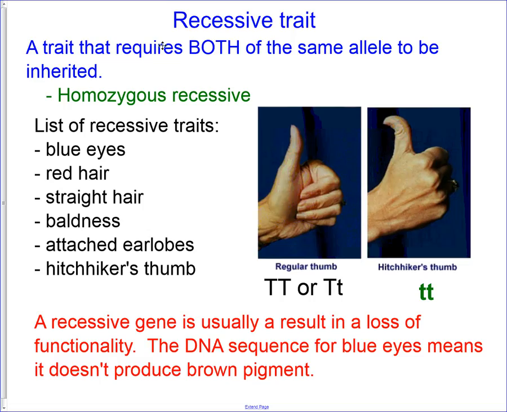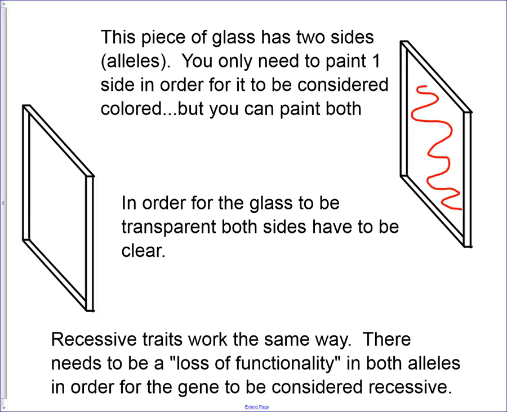And conversely, a recessive trait is one that requires both of the same allele to be inherited. So here's your hitchhiker's thumb again. In order to have a hitchhiker's thumb, you need both alleles to code for the hitchhiker's thumb. Here's some other examples there. One way to think of this as an analogy is if you think of a piece of glass that has 2 sides, an interior and an exterior side, you only need to paint one side in order for it to be colored, to be a piece of painted glass.